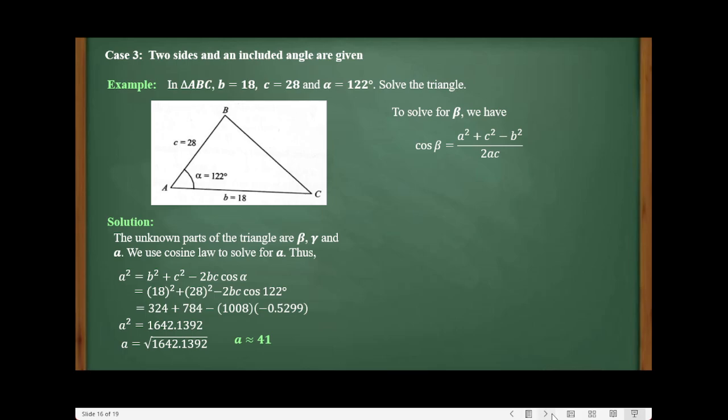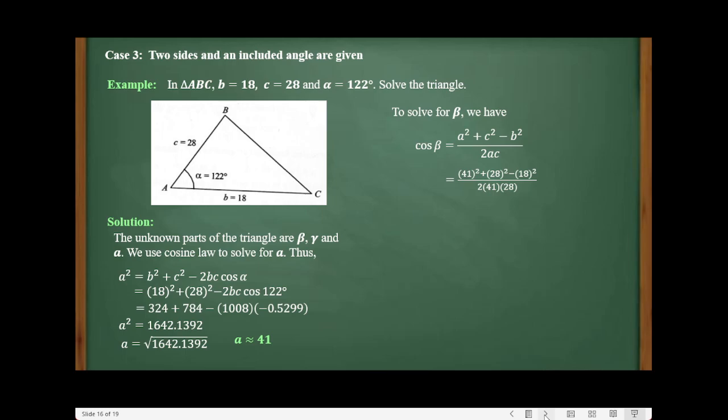Then you substitute the value of A, B, and C. Of course, the obtained value of A is 41. You plug in here the value of 41. Then C is 28, then B is 18. Then 2 times 41 times 28.